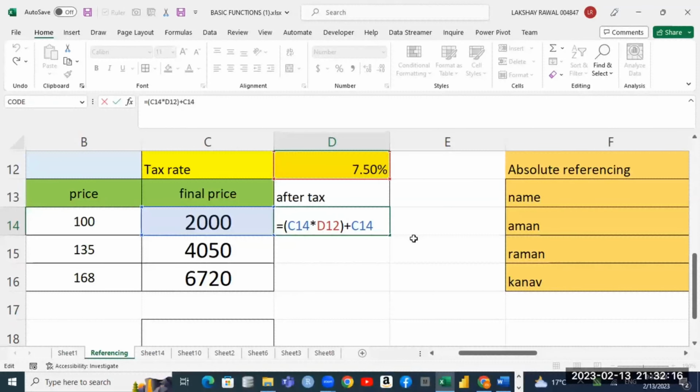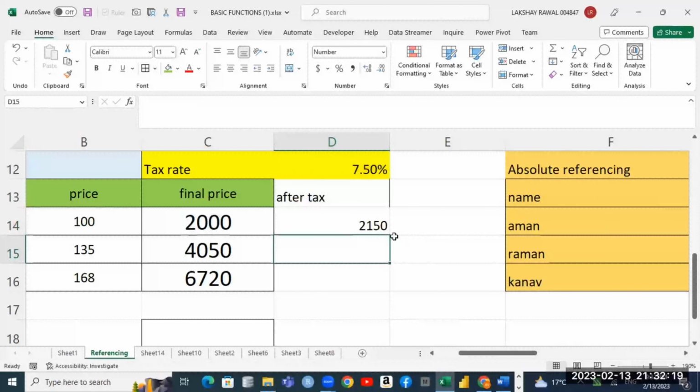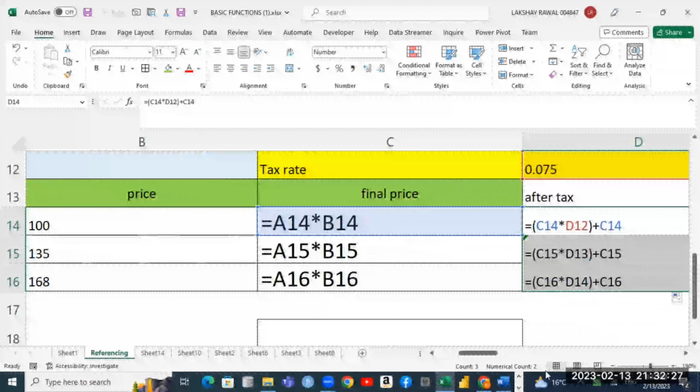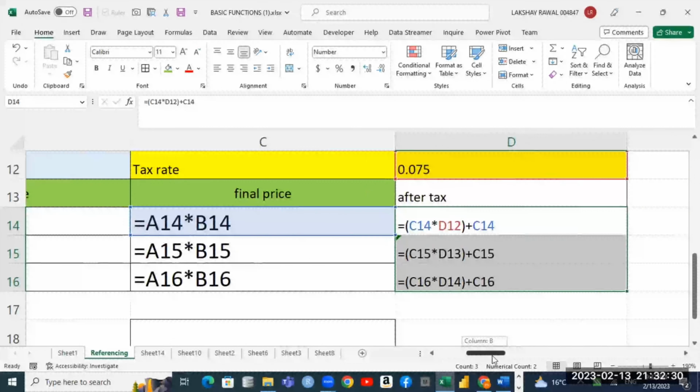Now see the problem in this. Look here, and you drag the formula. What is happening? Press Control Tilde. What is the wrong thing I have done? What is the problem with this?